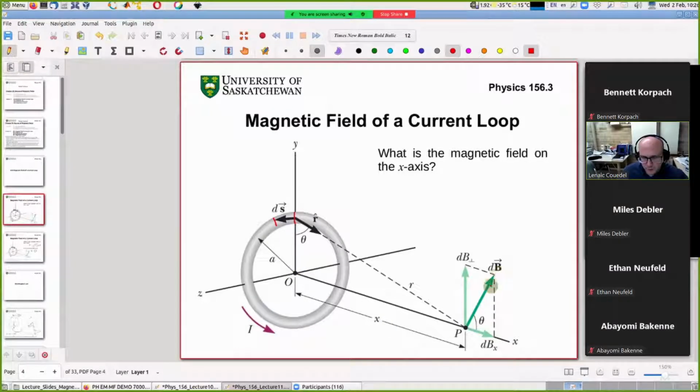And if you want the total magnetic field, you of course need to consider the entire loop, and you will have to, as we did for the straight wire, make a summation over the entire loop, or because we are going to very, very tiny parts of the loop, we will end up with an integral. Okay, so that's the idea of what we want to do.